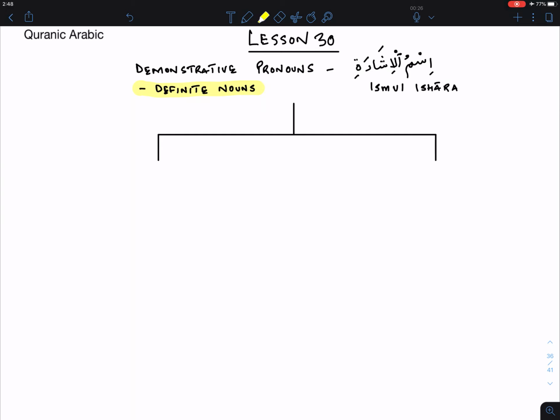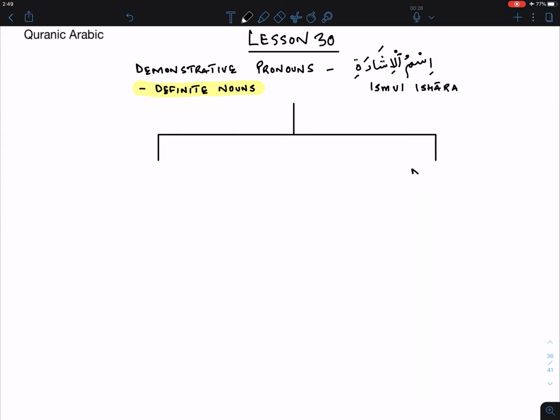On mubtada, if you recall, we said predominantly it is going to be a definite noun, and khabar in a nominal sentence is generally speaking going to be an indefinite noun. So when these nouns come, they give you clarity as to how and where they would fit into the sentence structure. These nouns are of two types.